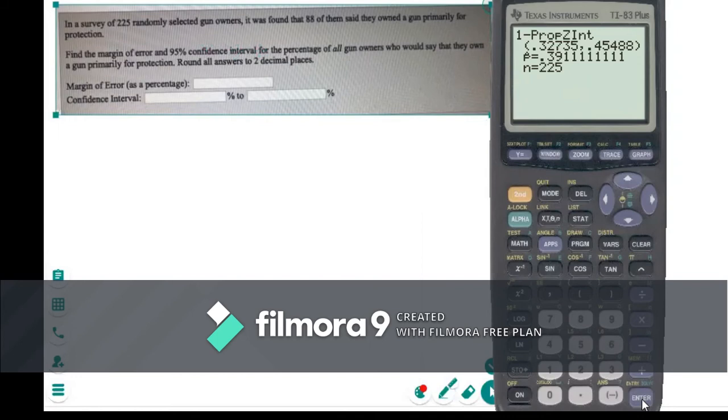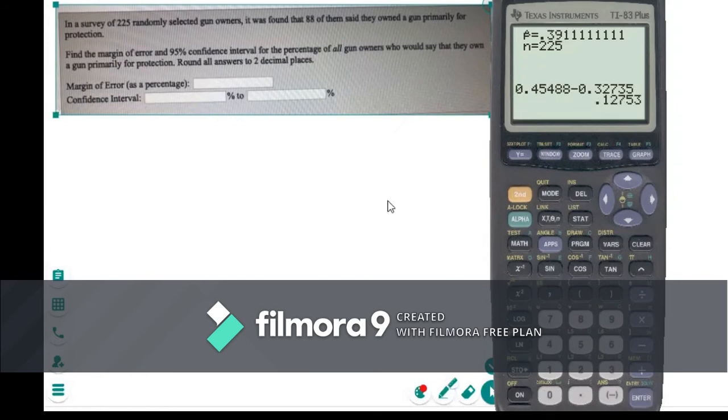I also need to find the margin of error. We can do that by finding the difference between the ends of our confidence interval. So I'm going to subtract 0.32735 from 0.45488, and I end up with this.